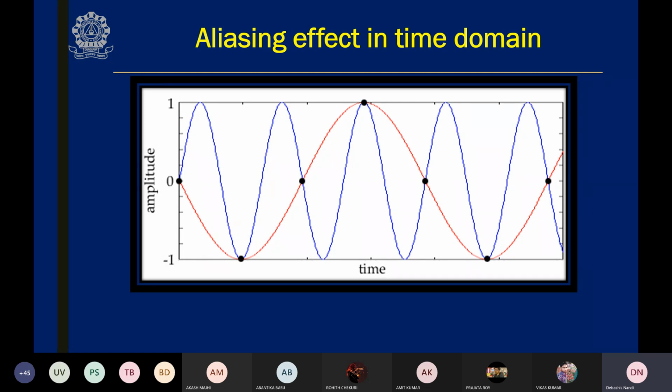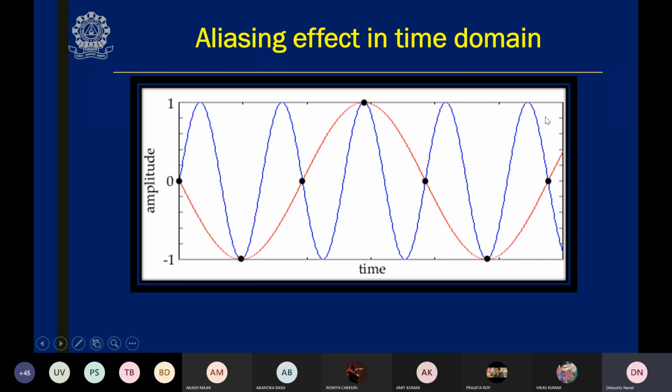That is why the distance between two successive samples should not be higher than 1 by twice W. That means Ts should be less than or equal to 1 by twice W if you want to reconstruct the original signal uniquely. Otherwise you will get two different interpretations, two different signals, from the same sample values. This is the aliasing effect, and this is its representation in time domain.